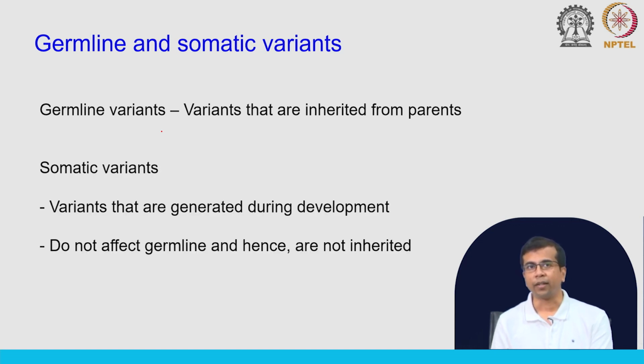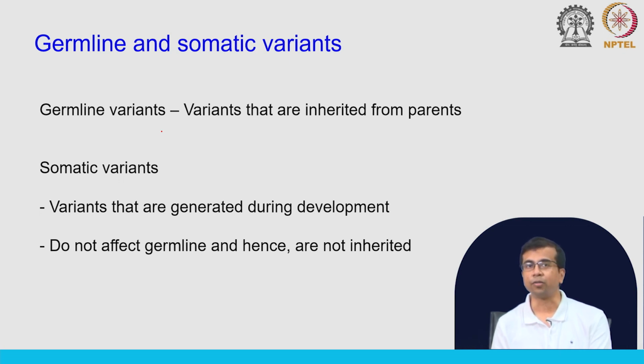Somatic variants, on the other hand, are variants that are generated during the development process, during divisions of the cells from the zygote. These variants are not present in the zygote; they originate during the cell division process, because these mutations are happening.